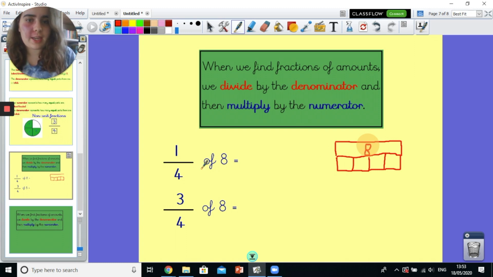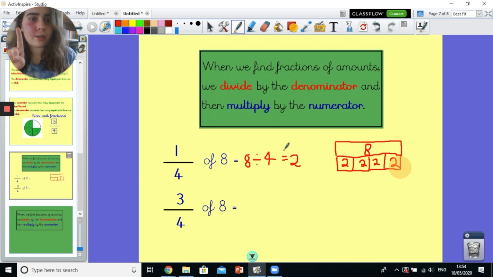So 1/4 of 8 is the same as 8 divided by 4, or 8 shared between 4. You can see here we've got 8 in our bar and there are 4 little parts that we're sharing 8 between. So in each part we would have 2. When Gino shared his pizza between 4 people, one person got 2 pieces of pizza. So each of these little parts here are worth 2 pieces of pizza.